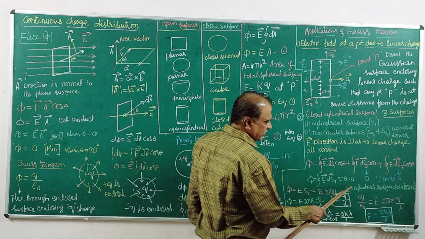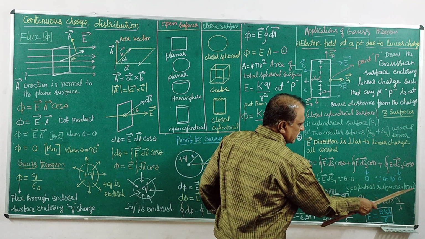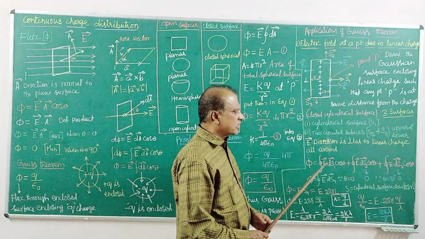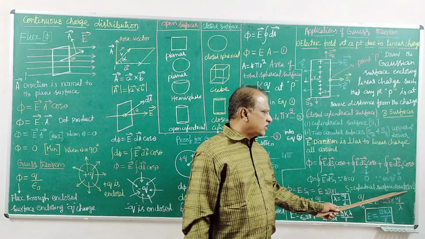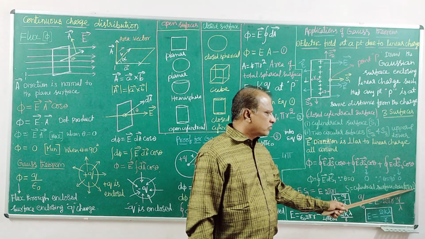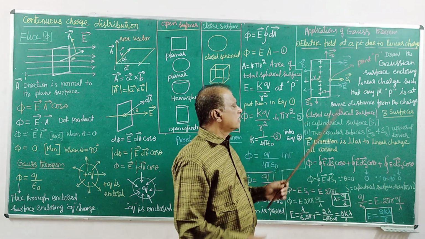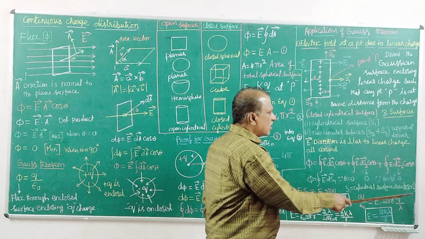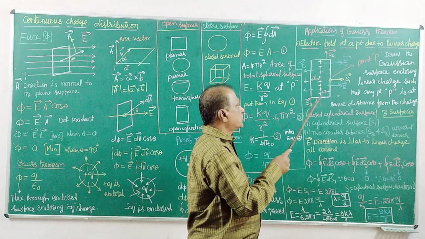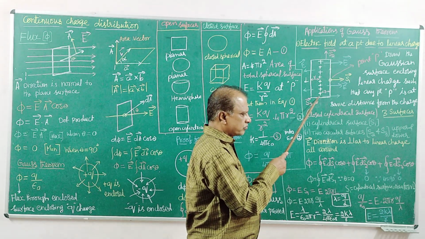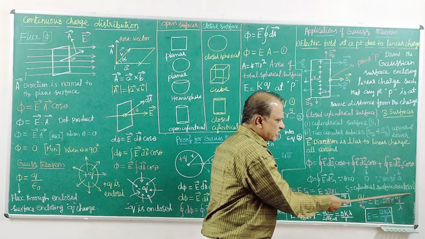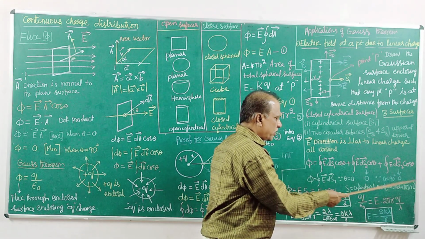S1 is the surface area, and the mathematical equation for this surface area is 2 pi r L. R is the radius of the cylinder. What is L? The length of the cylinder, the same as the length of this line of charge. That is the surface area of the cylindrical shape, 2 pi r L.